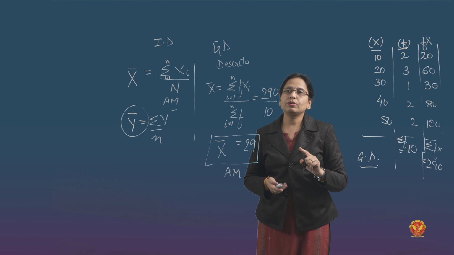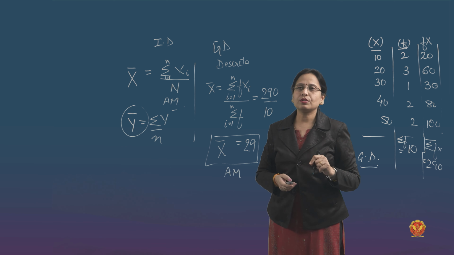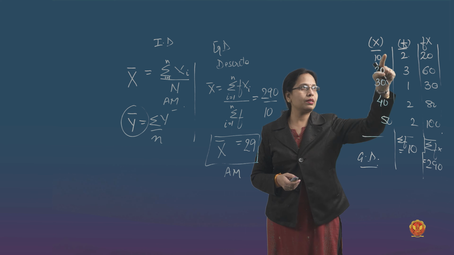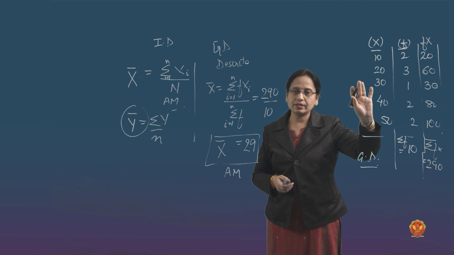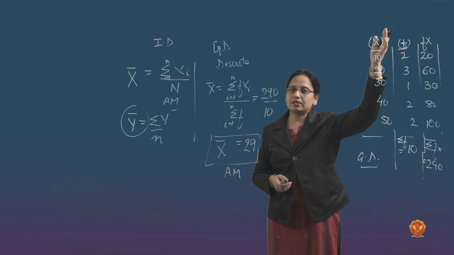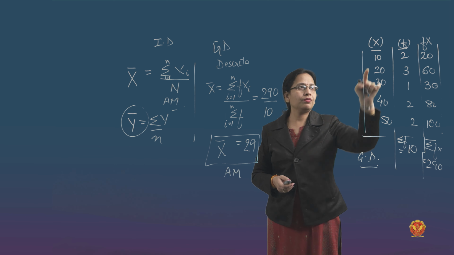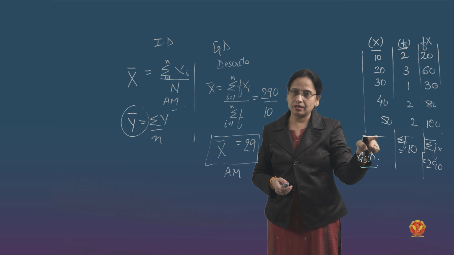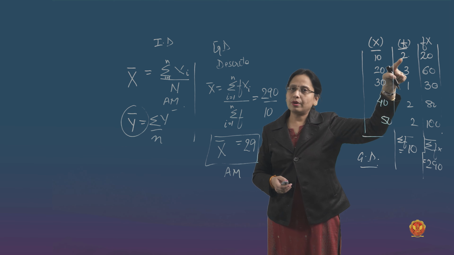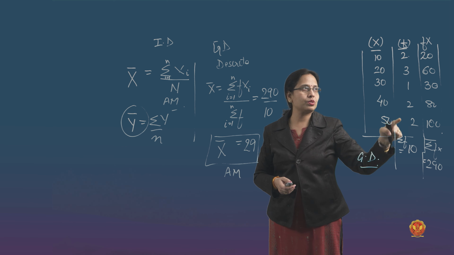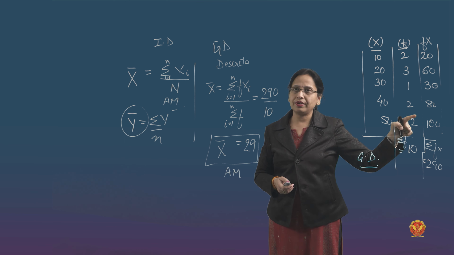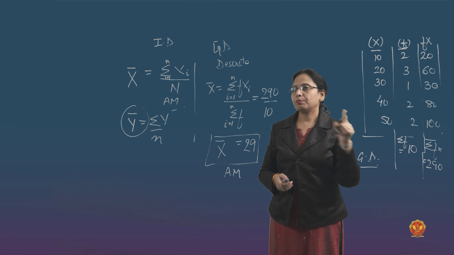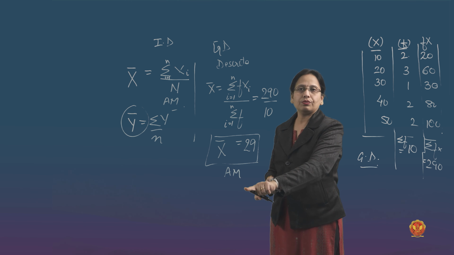The marks of the students are given, and the number of students is in front of them. Same concept, x is given. You can use the variable x, but not necessarily always x; you can use y, z, whatever is your choice. Whatever variable represents the marks becomes your first column. The number of students on the screen becomes your f. Fx you have to calculate.